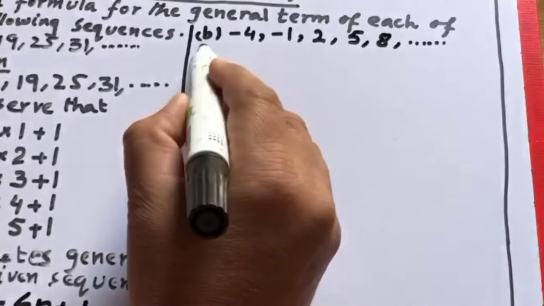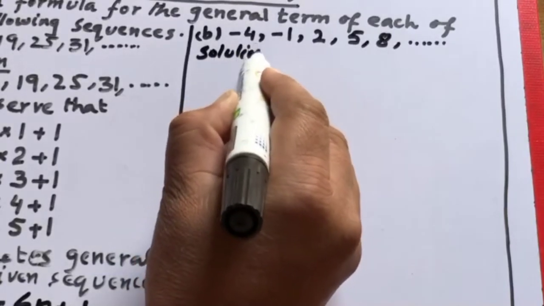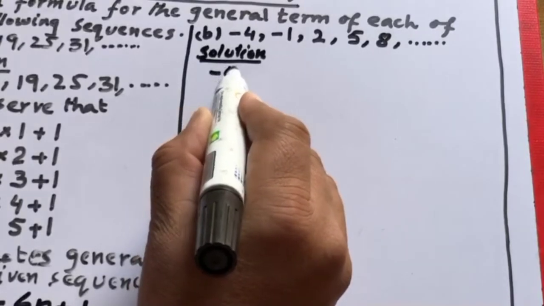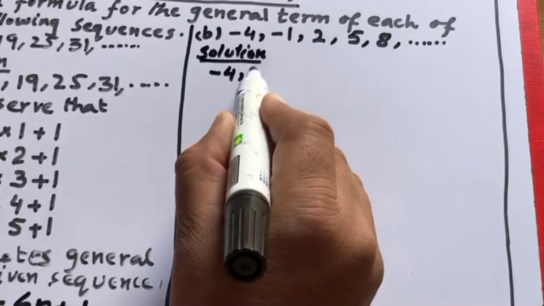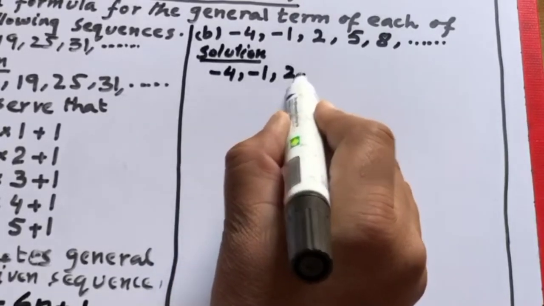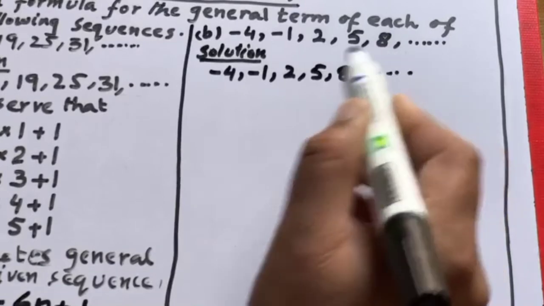So in solution, we will write the number sequence again: -4, -1, 2, 5, 8 and so on.